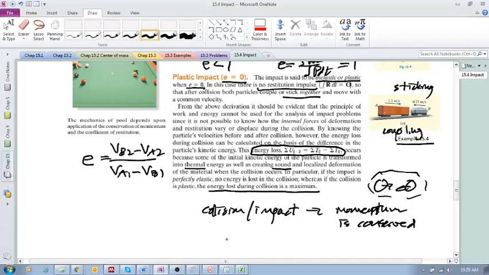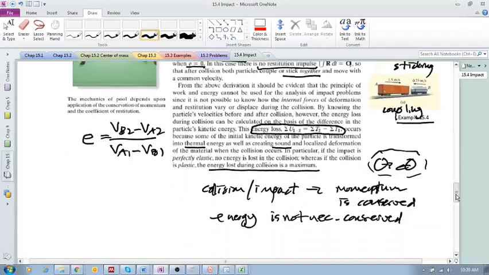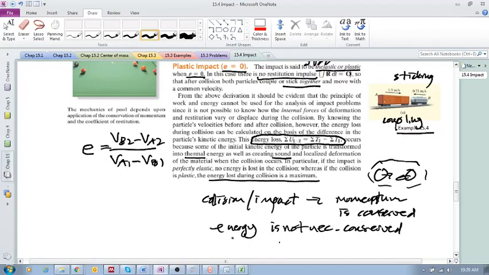However, energy is not necessarily conserved. It's only conserved in the case where E equals 1. But if your coefficient of restitution is not 1, then we have energy loss, and we sometimes need to calculate that. I hope you're getting the picture.